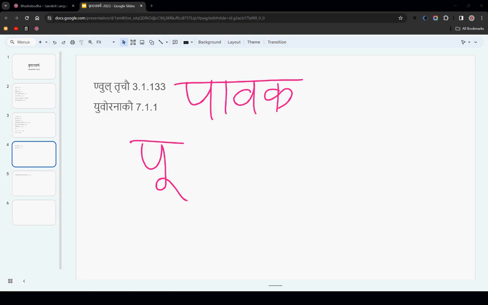Punati means one who purifies: punati, pavitri karoti, iti pavakah. One who purifies, generally used for agni or fire. And dhava, dhavaka, bheda, bhedaka, like lekha, lekhaka, or bheda, bhedaka, one who... what is bhedaka?